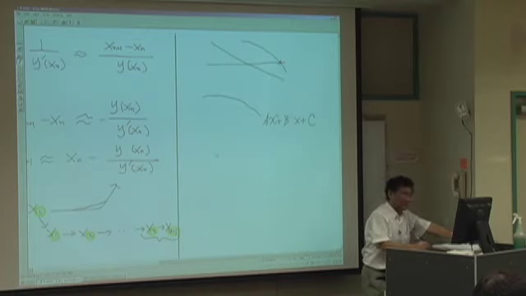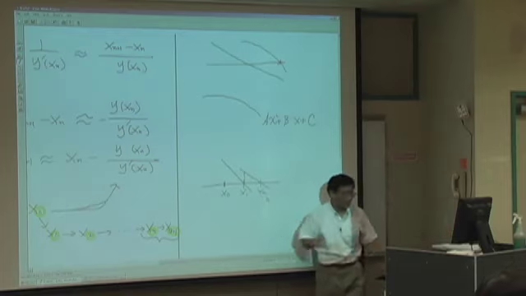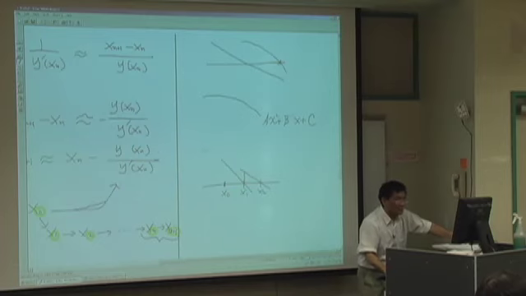So in the previous iteration, we used this kind of thing. We pick x0, and from x0 we use a straight line to find x1. And from x1 we use a straight line to find x2. So this is the method developed by Newton. Now we use a different scheme.